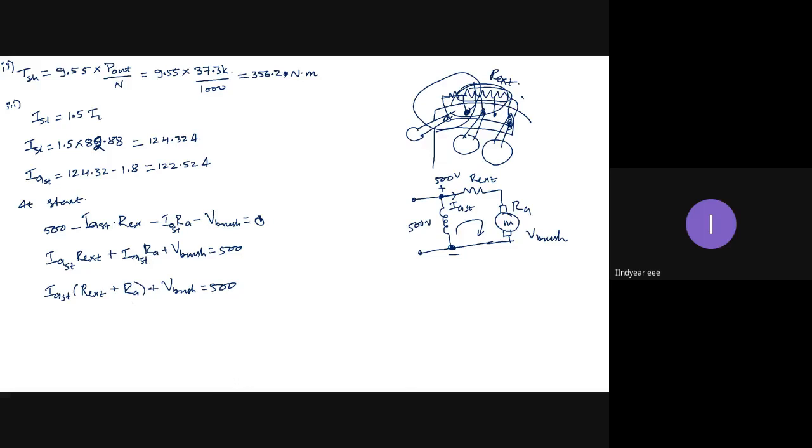Now observe, I know RA, I have found IAST, and V brush is given. The only unknown in the equation is R external. So R external equals (500 minus V brush) divided by IAST, minus RA.